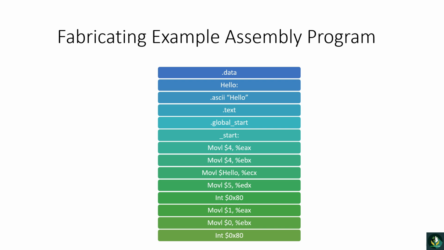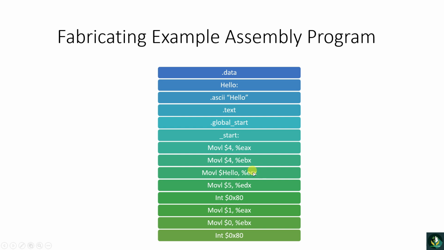movl $4, %eax. This loads the write system call number into EAX, and this one loads 1 into EBX to print onto the console.